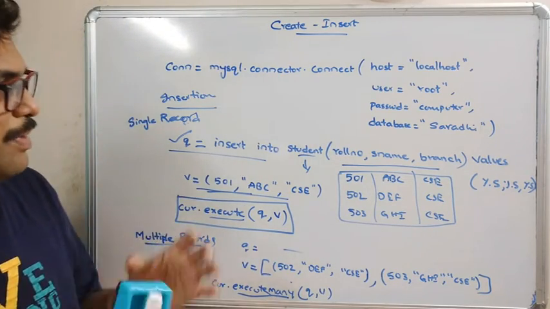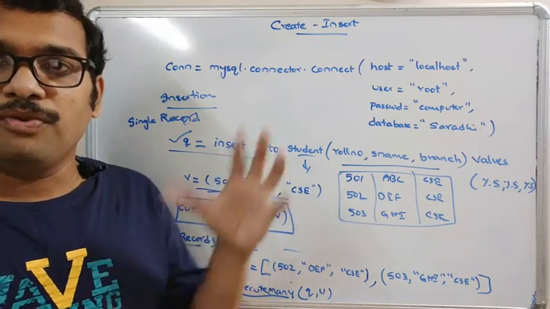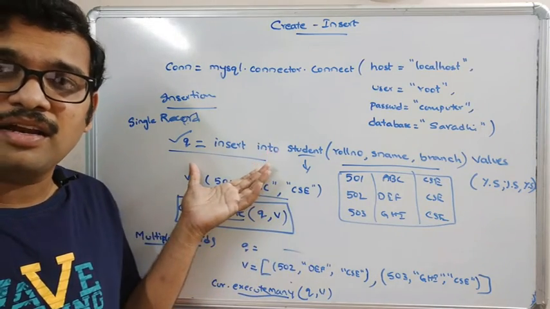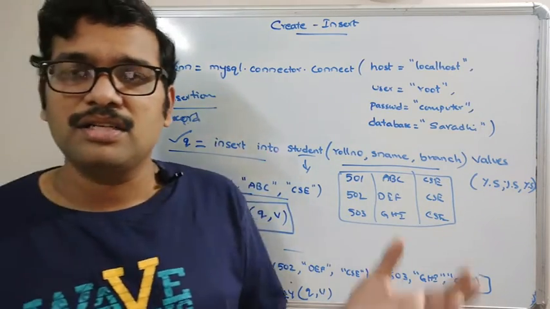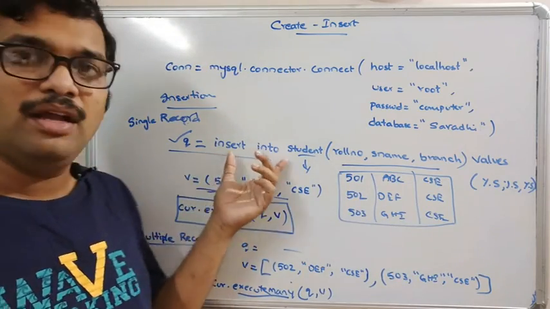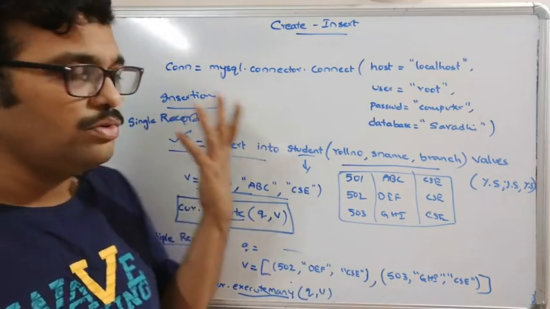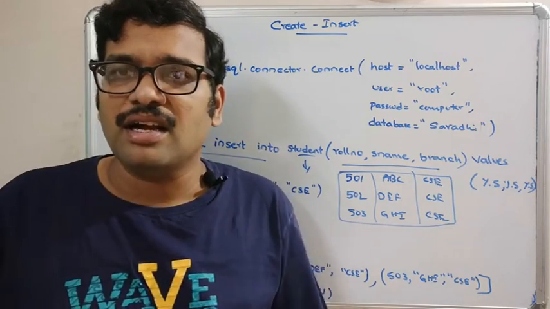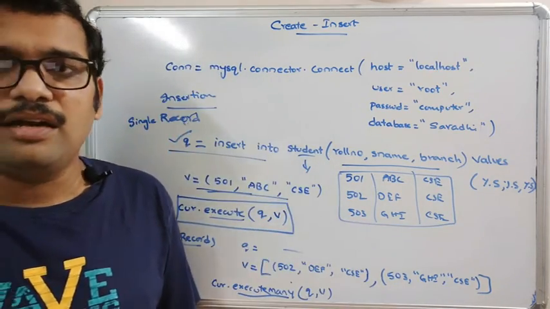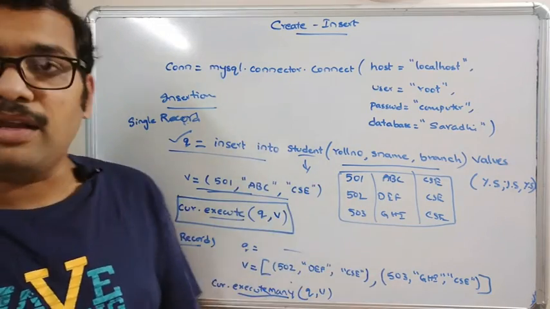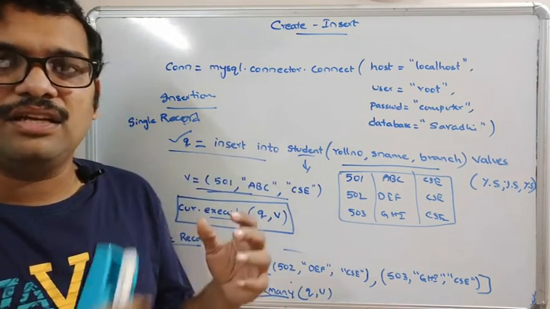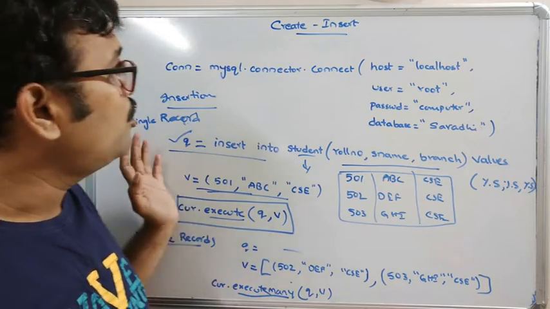The only thing that changes is the query. If you want to create a table, we write the create syntax. If you want to insert elements, we write an insert query. If you want to update, an update query will be written. If you want to drop the table, that means delete the complete table, we need to go with the drop query, right? In further sessions, we'll see some more queries.